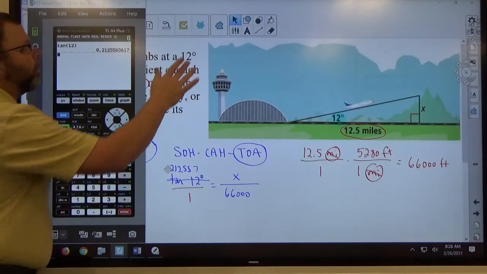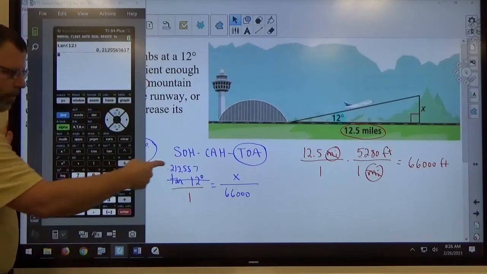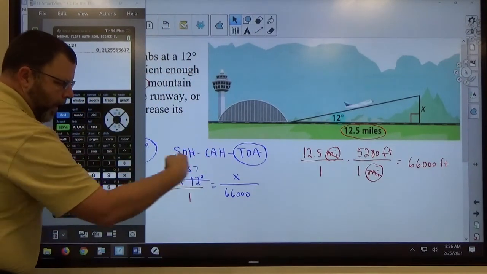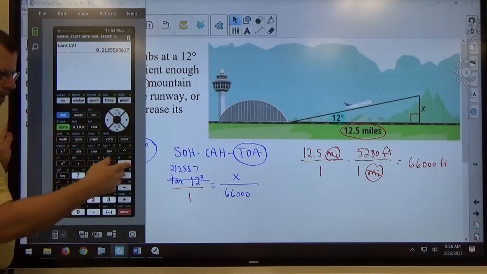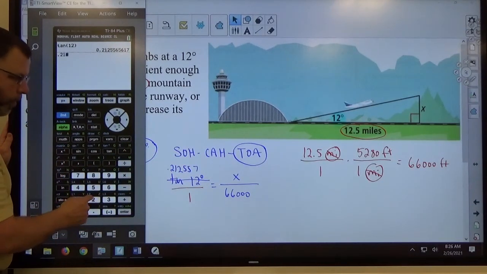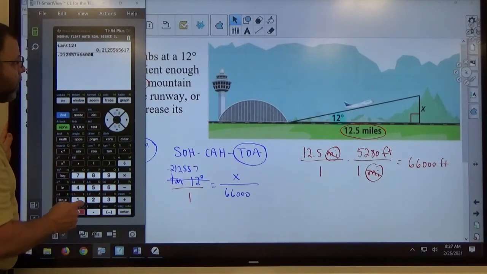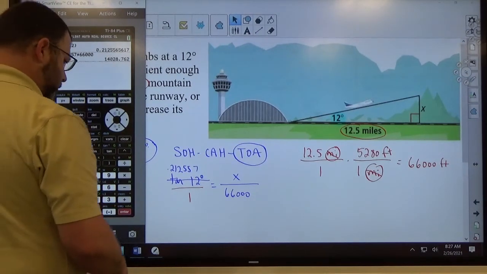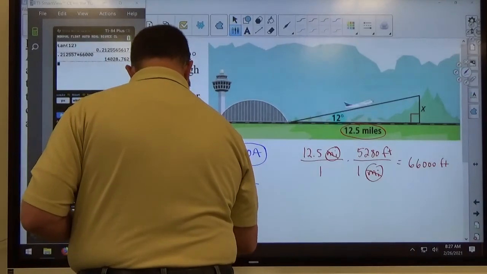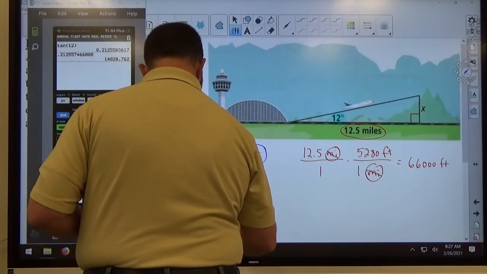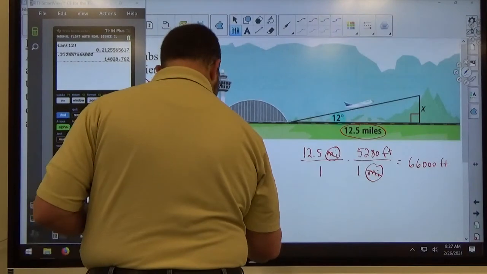And then notice my proportion that I have here is simply just 1 times x equals that product there, right? So to get the answer for x, I'm just going to do 0.212557 times 66,000 equals, that's going to be 14,028.76 feet.